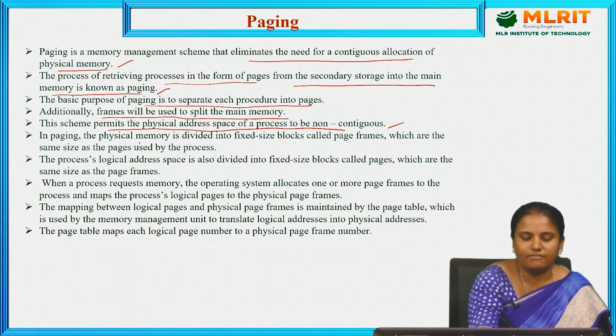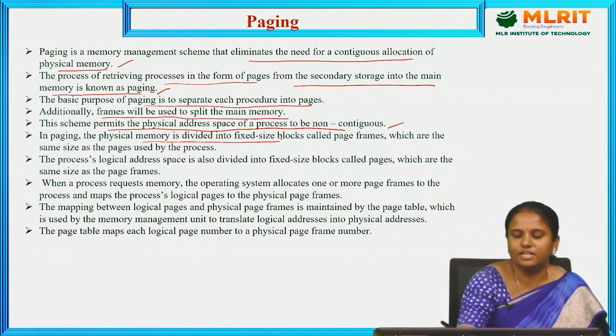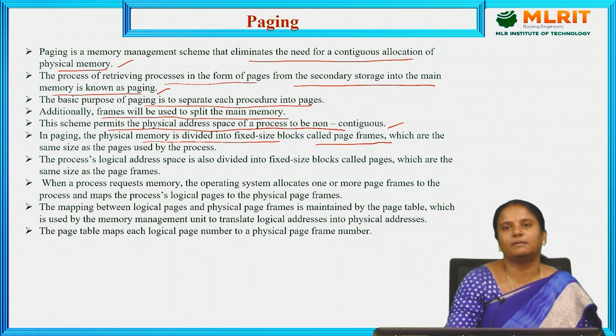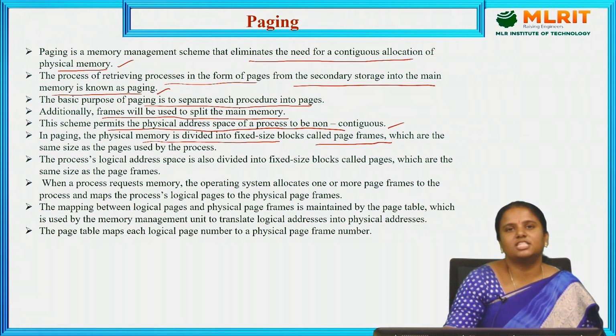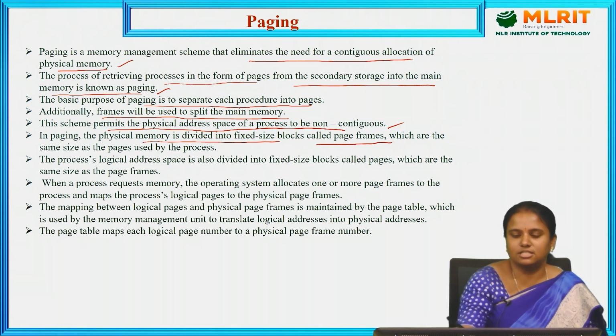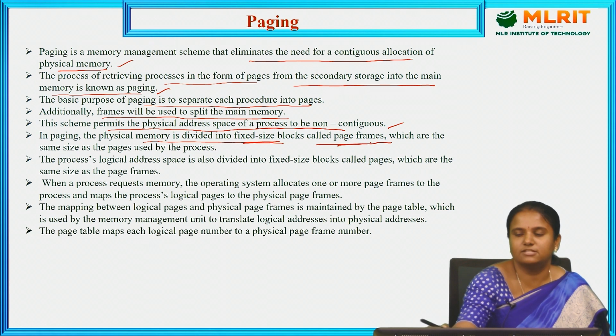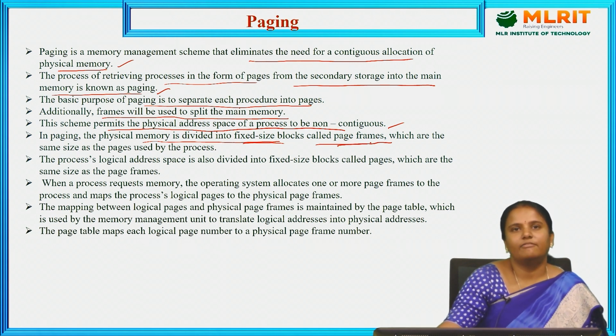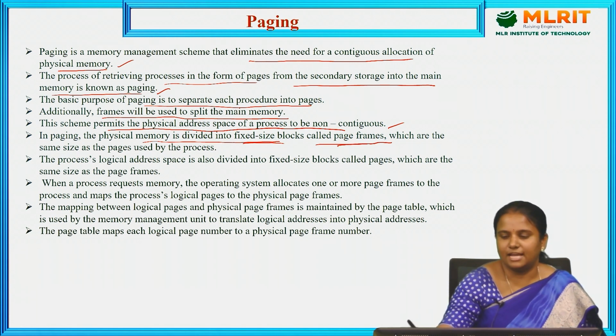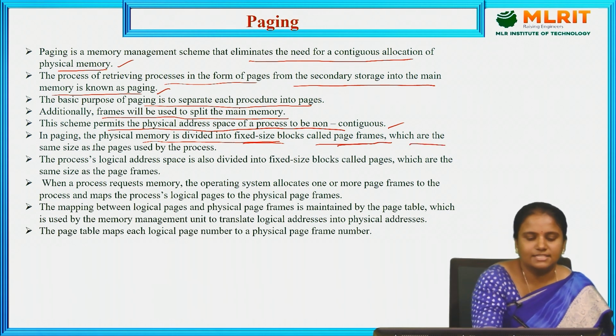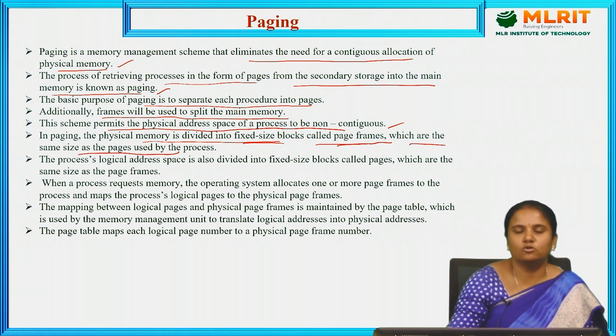In paging, the physical memory is divided into fixed-size blocks called page frames, which are the same size as the pages used by the process.